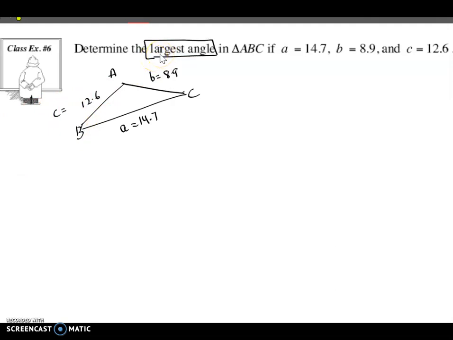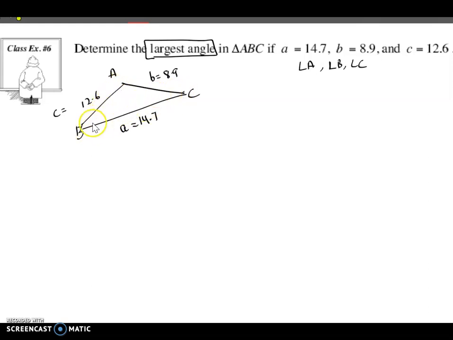Now this one says find the largest angle. If you don't think logically about this question, you might end up doing a lot of work. Before you start saying, I'm going to find every single angle A, B, and C, and then look which one is the biggest, well, you will be right, but it will take too much time. So think about it.